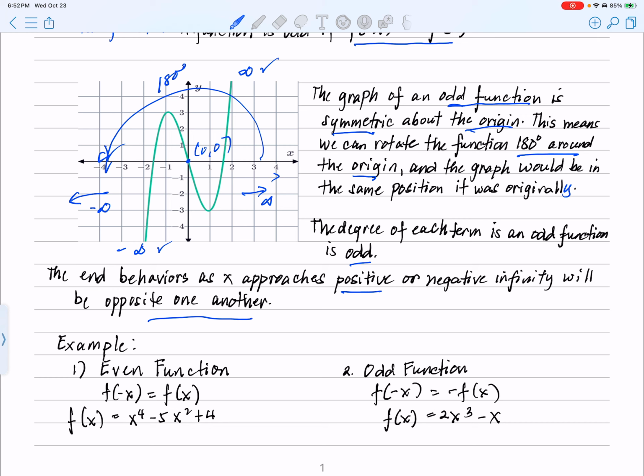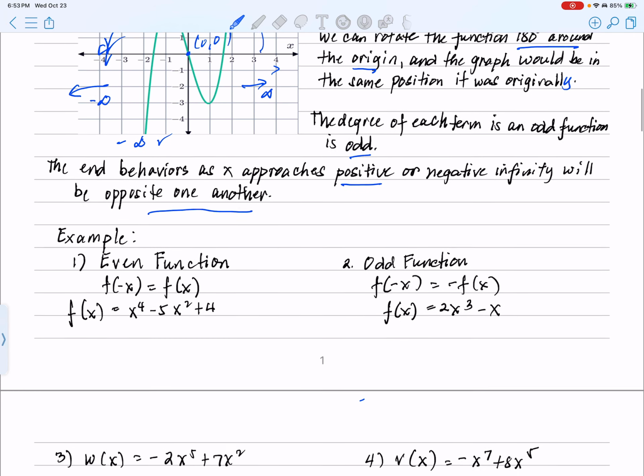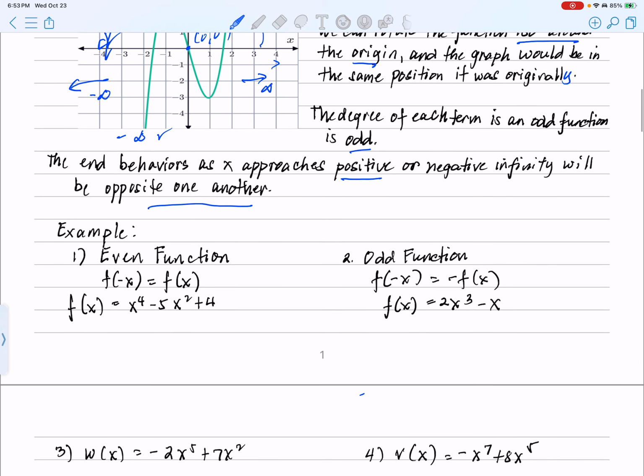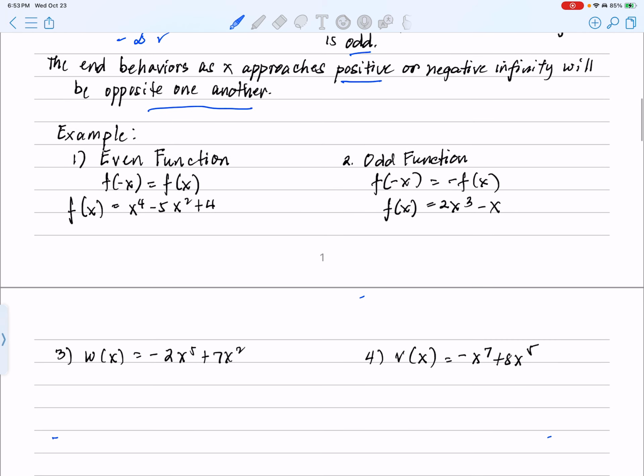As I've said, analytically or algebraically, we'll find out whether the function is even or odd by following the condition. For number 1, this is an example of an even function. We'll see if the function of negative x is equal to the function of x.